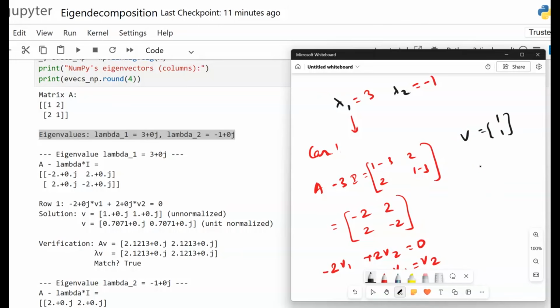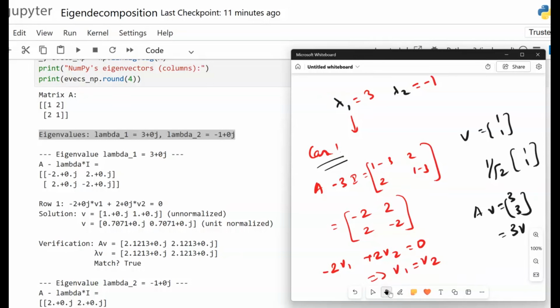On normalizing, it comes to 1 divided by root 2 multiplied by this matrix. And with verification, we have A multiplied by V equal to [3, 3], which is 3V. So we get this by using lambda 1 equal to 3.